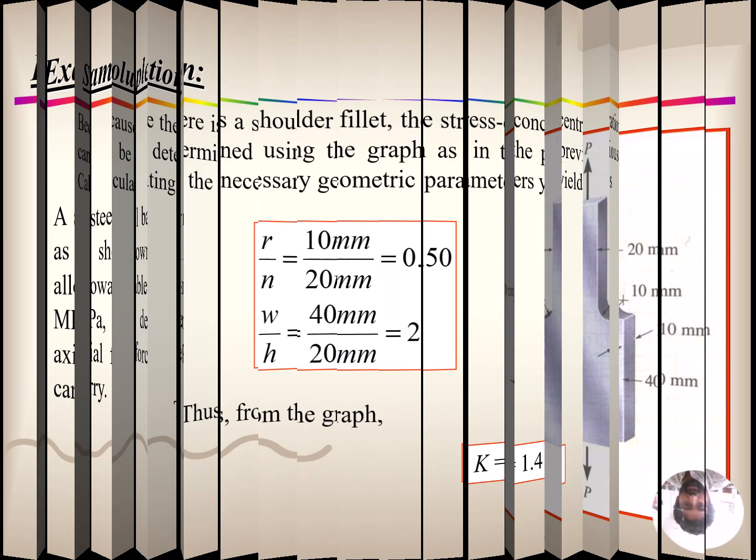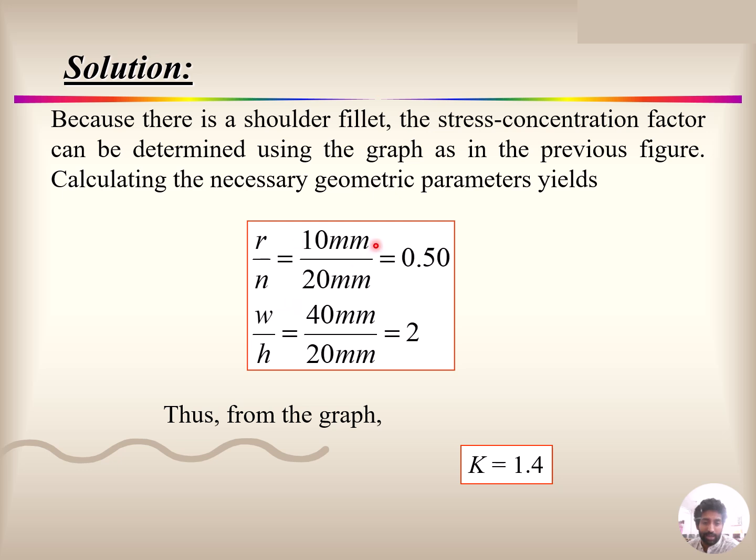What will you find next? r by h is 10 by 20, which is 0.5, and w by h is 40 by 20, which is 2. From the curve, we get a Kt of 1.4, because the point where it strikes shows my Kt value.